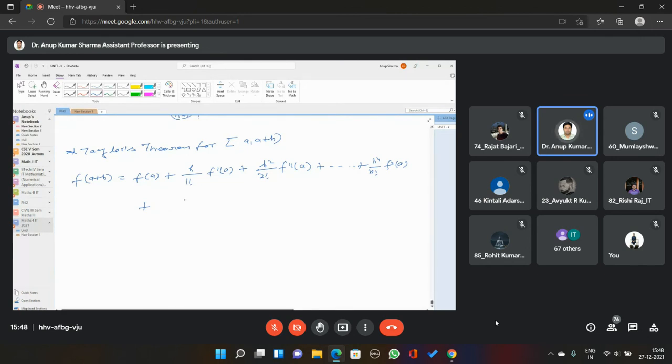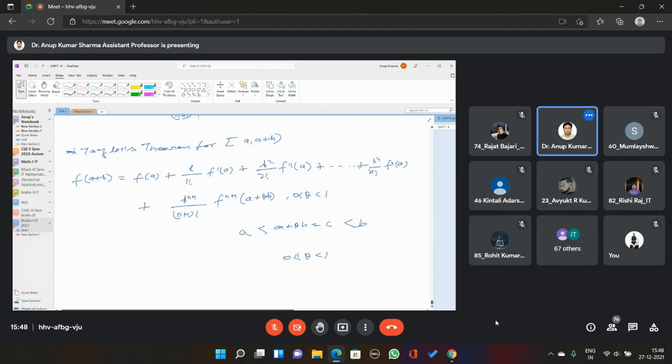The remainder term is h to the power n plus 1 upon factorial n plus 1, f n plus 1 of a plus theta h, where theta is less than 1 and greater than 0.